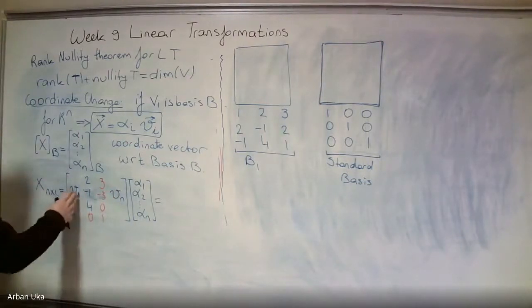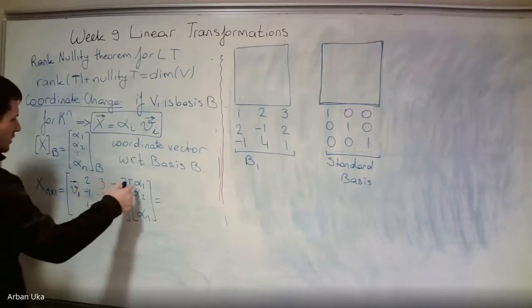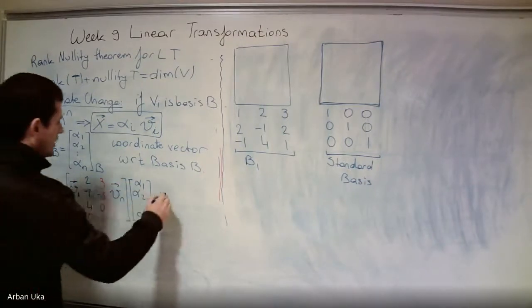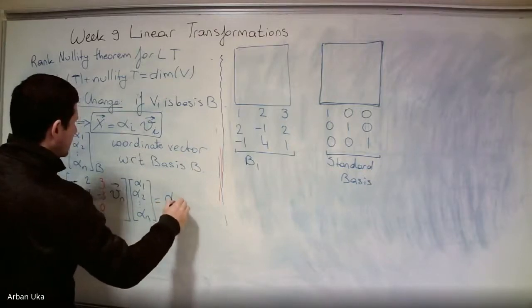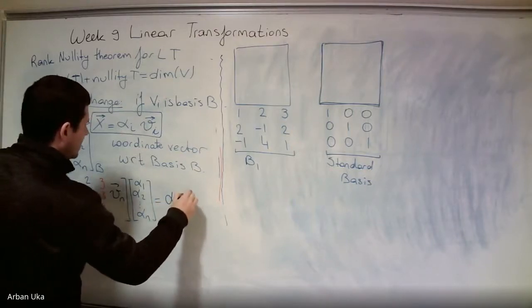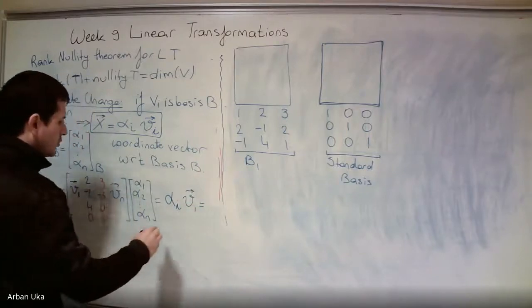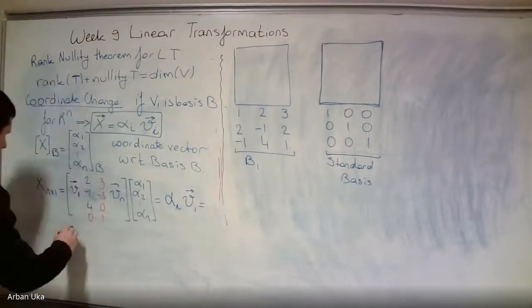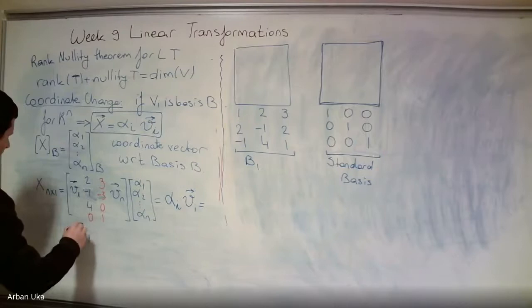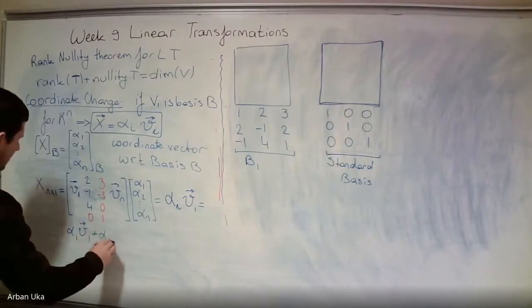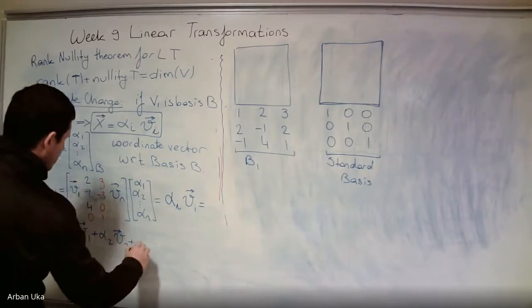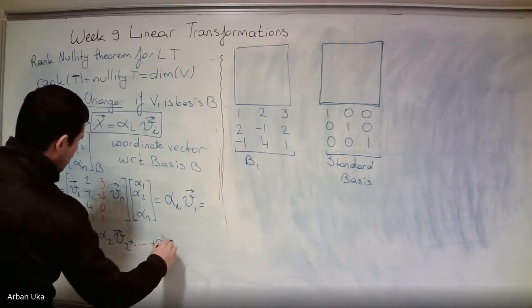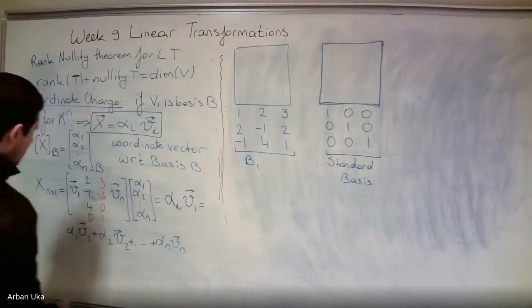And whenever we multiply these with alpha 1, alpha 2, alpha n, this is in principle the summation of alpha i times Vi. And this is in fact equal to alpha 1 V1 plus alpha 2 V2 plus alpha n Vn.